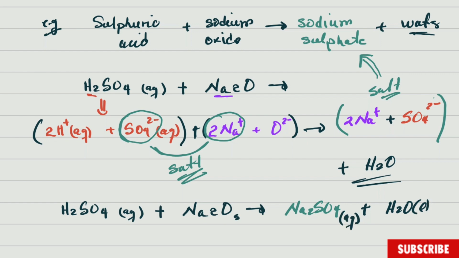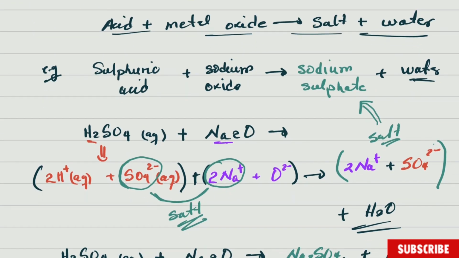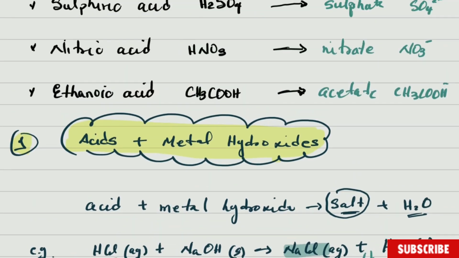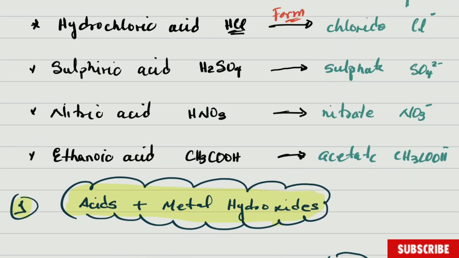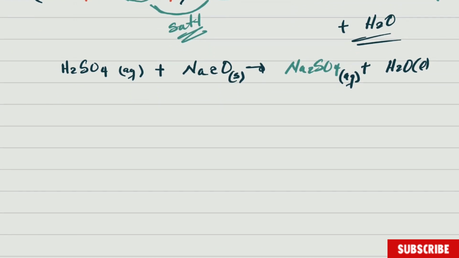This one is solid. So here is the reaction of an acid with a metal oxide, how it breaks into ions and how it becomes the specific salt. What we did at the beginning of the video was very important because it tells you, before anything else, what salt you are going to be getting.